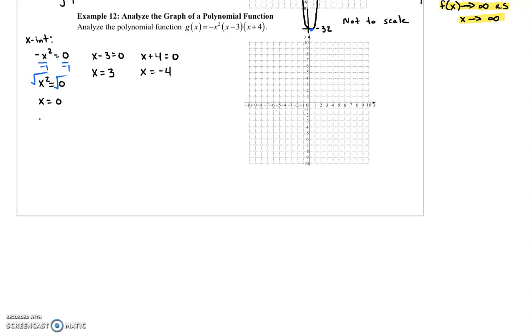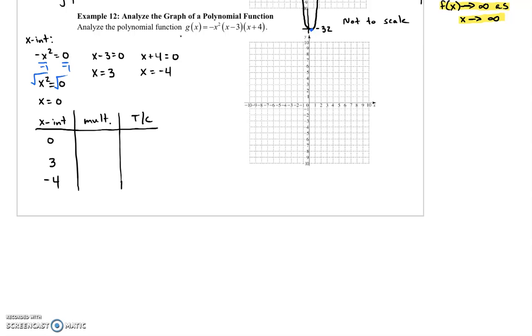Okay, so let's write our intercepts and the multiplicities and whether or not they touch or cross based on the multiplicity. So our x-intercepts are 0, 3, -4. The multiplicity of 0 is 2.